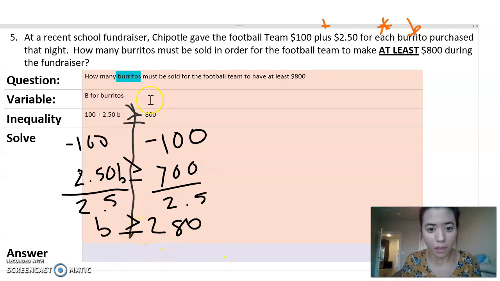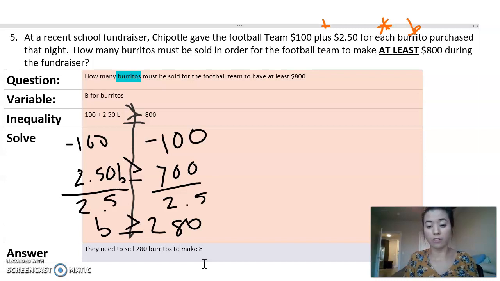So what does that mean for this problem? How many burritos must be sold for them to have at least $800? They need to sell 280 burritos to make $800.